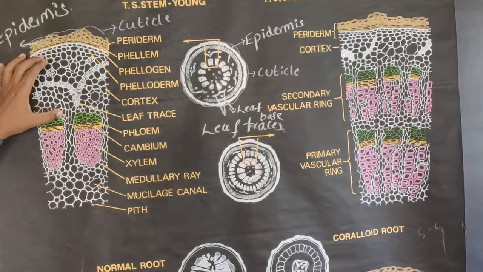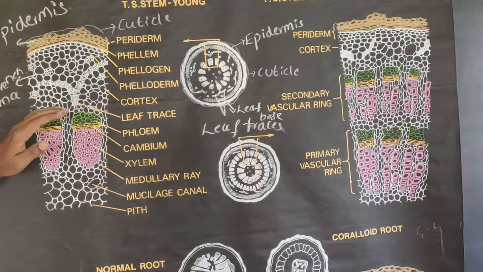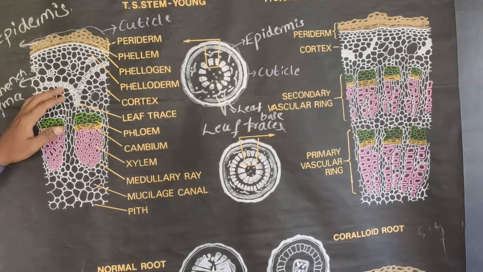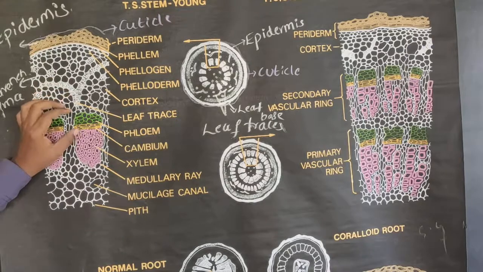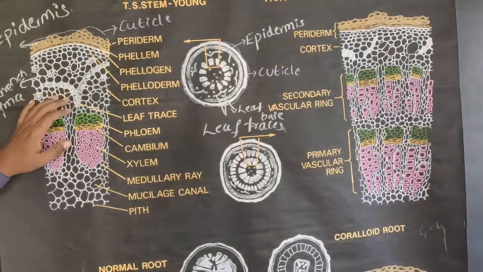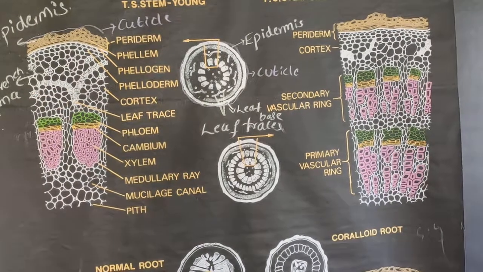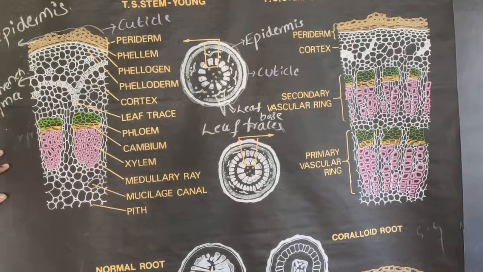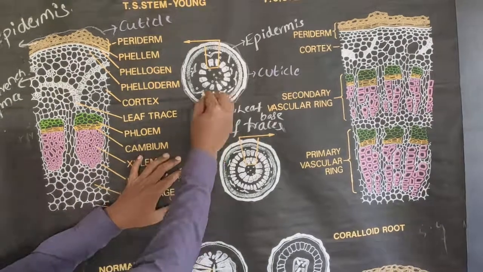So the cortical region mainly consists of parenchymatous cells; some are modified into storage cells that store starch grains, and some are modified into mucilaginous canals which help in storage of water and nutrients. And one of the important characteristic features of the stem is the presence of leaf bases.